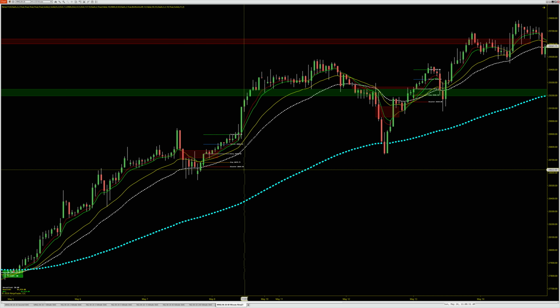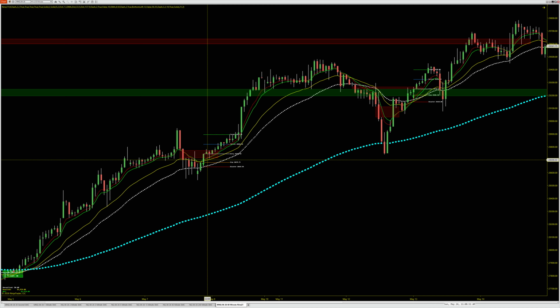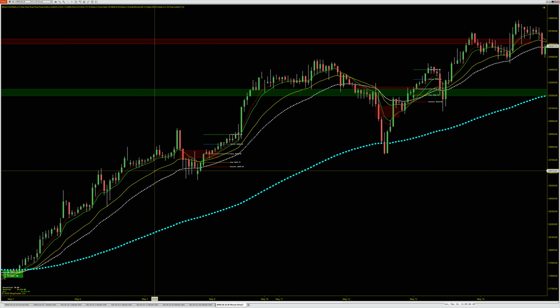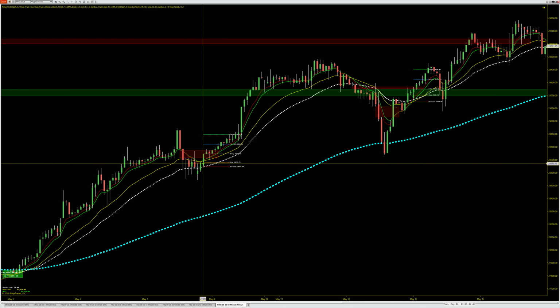And then the other thing I have is the reason I call this strategy 921, meaning the 9 EMA crossing the 21 EMA. The green is the 9 and the yellow is the 21. So you can see here that we had an entry signal right at this point.